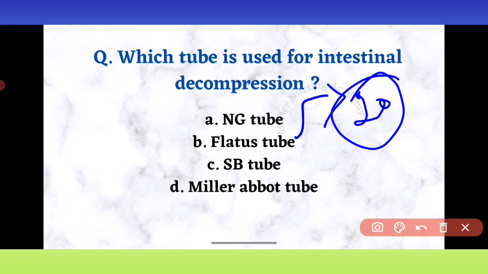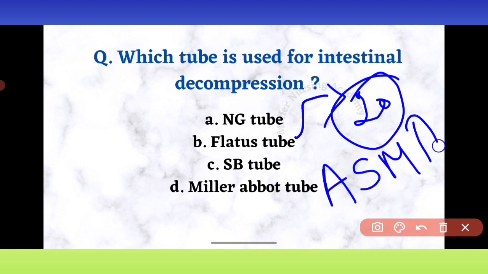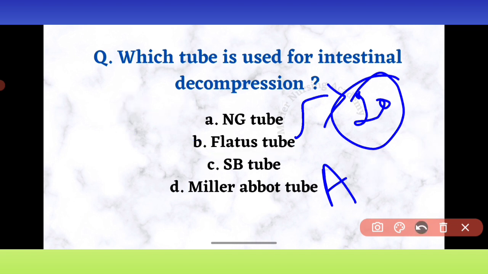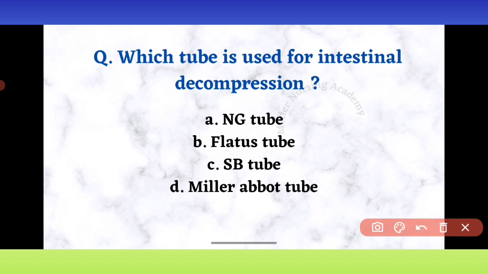If you keep it for more than 20 minutes, it will cause what? Anal sphincter muscle damage. So remove the tube before 20 minutes. One more important point: which tube is used during the barium enema? The flattest tube is used during the barium enema. So these are all the golden points you are supposed to remember related to the flattest tube.